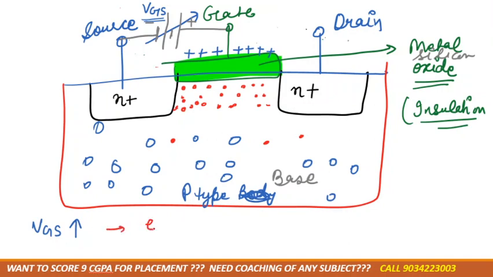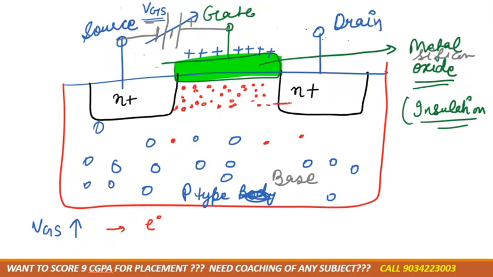Increase. Electrons will increase, right? If I increase VGS up to the maximum value, then the maximum number of electrons will collect here and form a region, right?